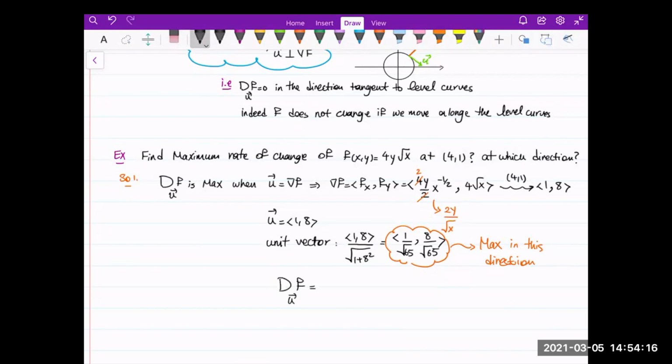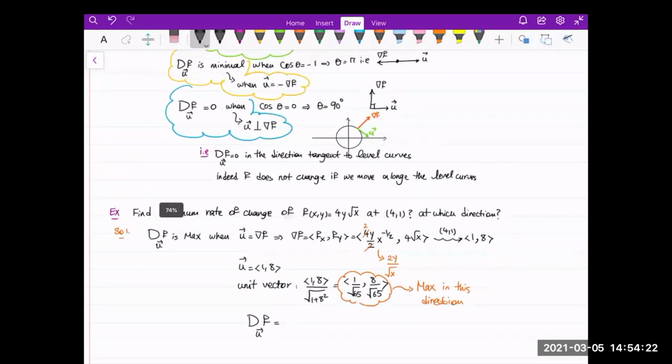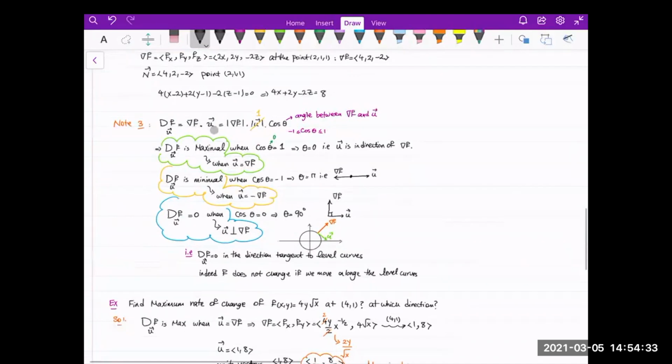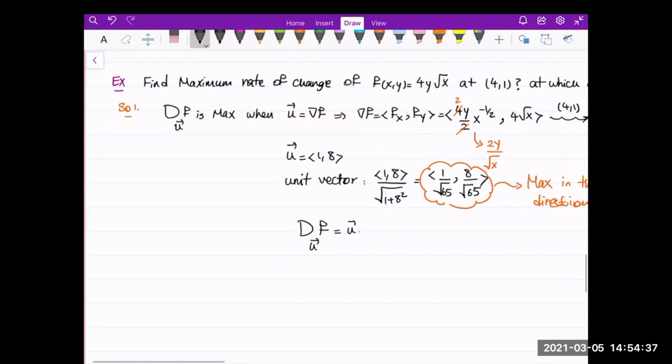It is equal to, as you see, we have maximum when u is the gradient of f. So it would be gradient dot product with the gradient. So it's gradient of f dot product with the gradient of f. Do you remember? Let me give you just a small recall.